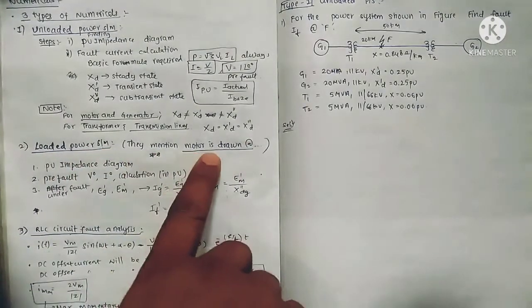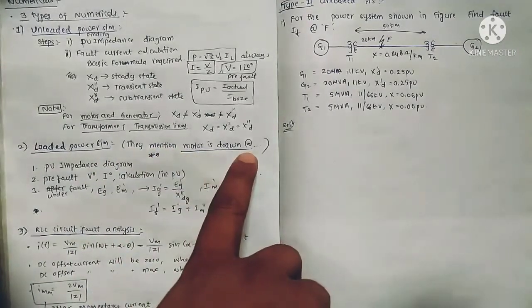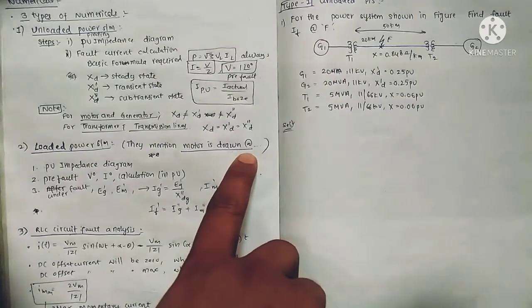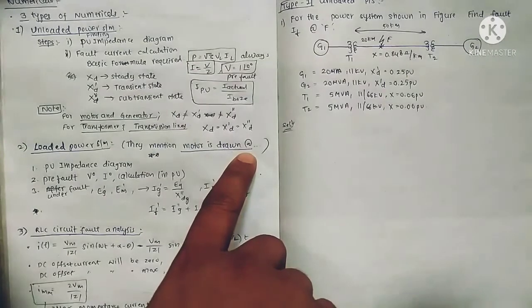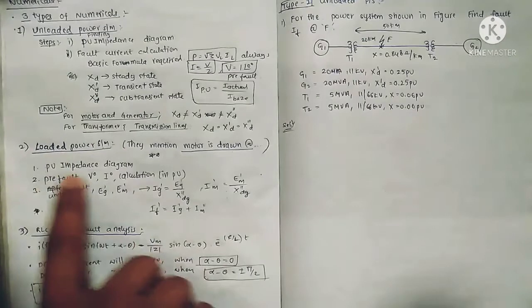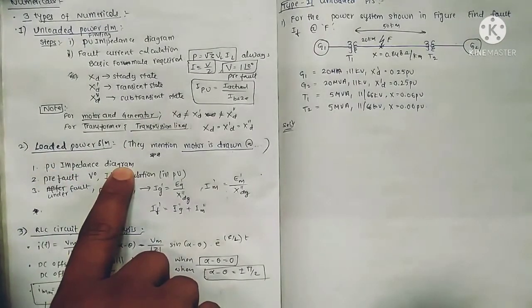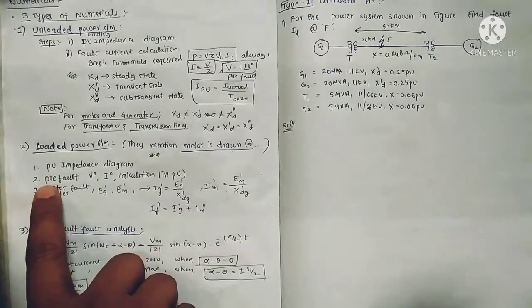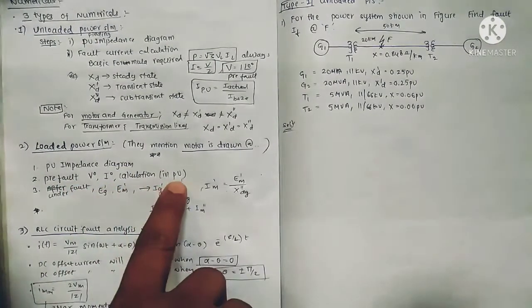Going to the next type, the loaded power system. In the question they will mention that a motor, which is one type of load, is drawn at so and so voltage at a given power factor. At that time we have to treat it as a loaded power system. In that case, we initially need to find the PU impedance diagram and the pre-fault voltages, like V0 and I0, calculated in the PU system.